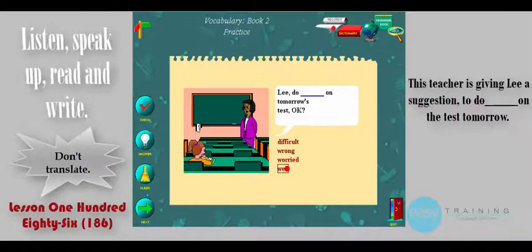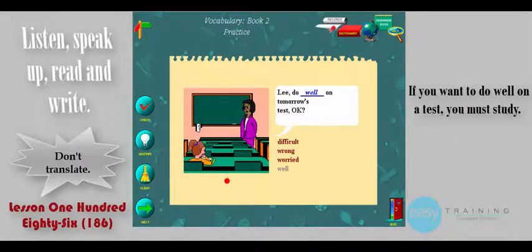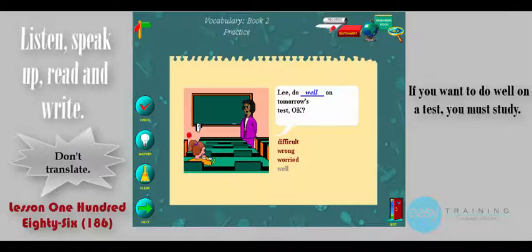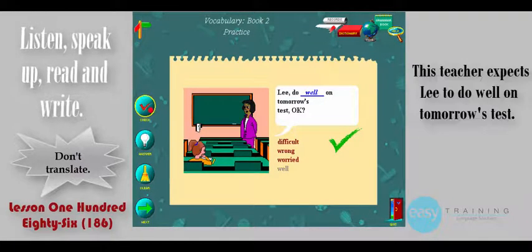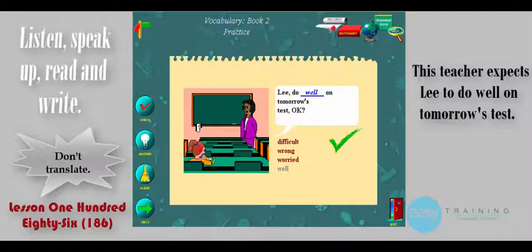So the best choice is well. Do well. If you want to do well on a test, you must study hard. This teacher expects Lee to do well on tomorrow's test.